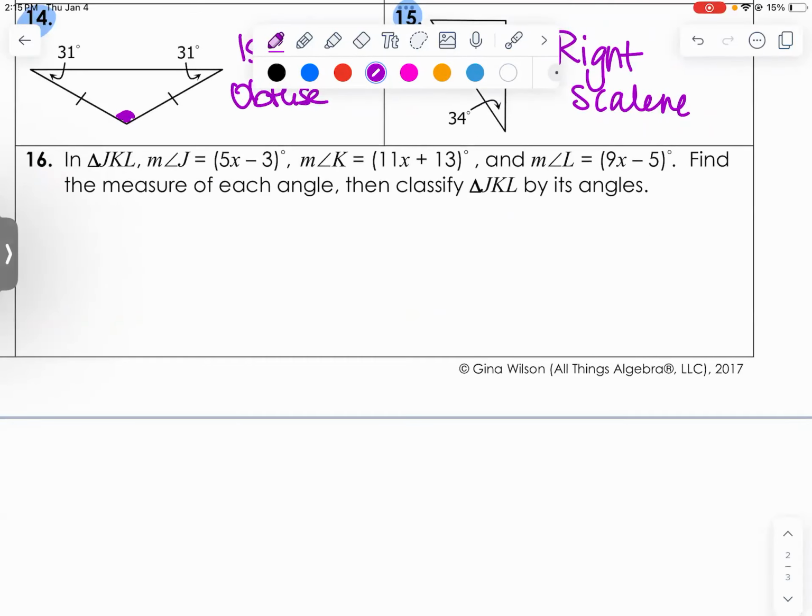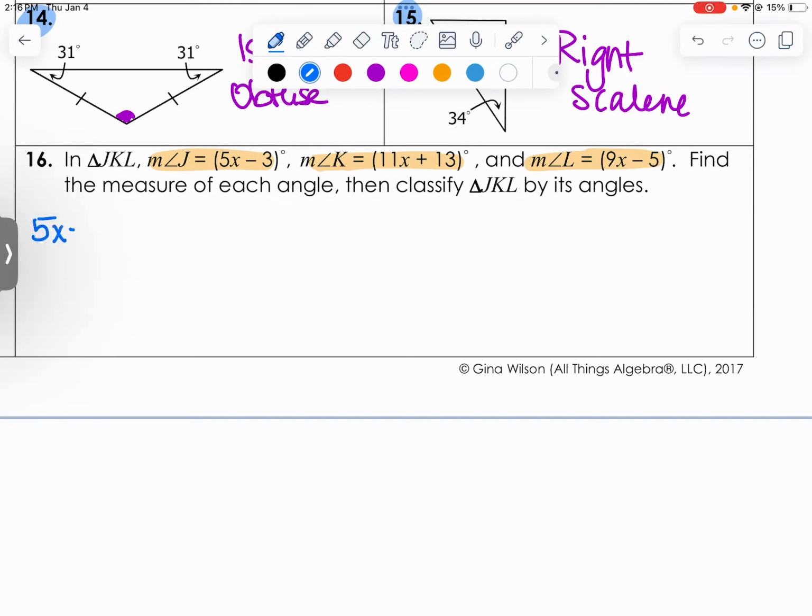All right, so let's look at number 16. We need to classify triangle JKL by its angles. What should we do first? Before we find J, K, and L, we better find X. Well, here I have three angles, J, K, and L. What do we know about those three angles?